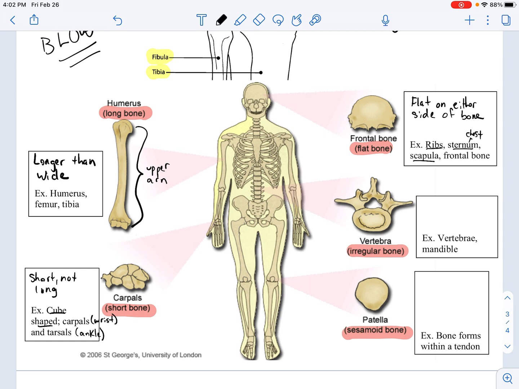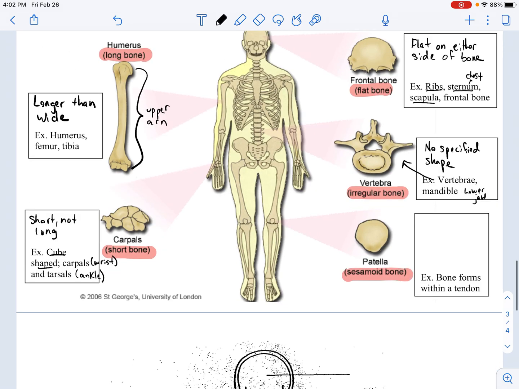Then you have irregular shaped bones. They have no specified shape. Good examples are your vertebrae, which is shown here, as well as your mandible, that's your lower jaw. And then finally, kind of a strange one is a sesamoid bone. It gets its own category.